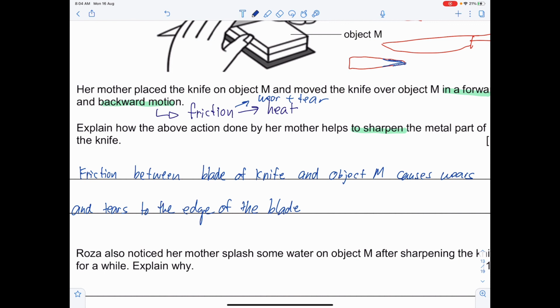Okay? Hence, reducing the thickness of blade, making it sharper.